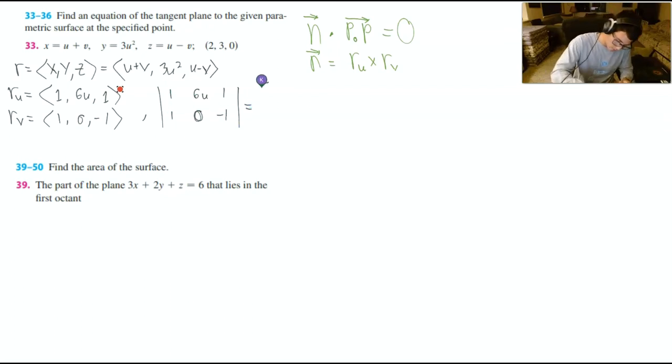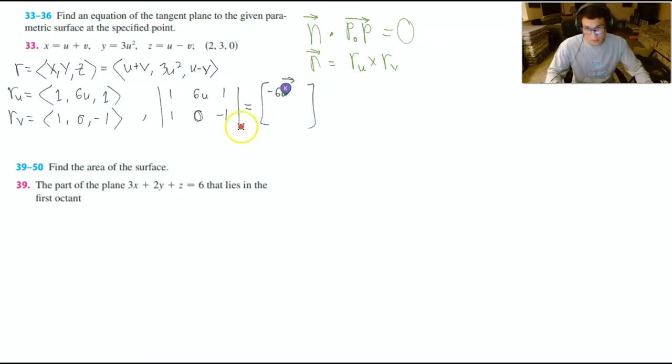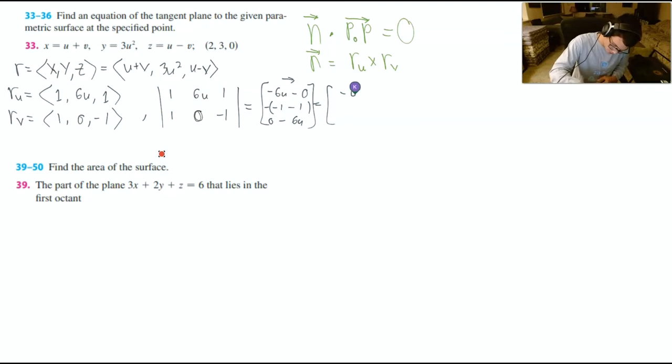Let's write it as a column vector because it's easier this way. 6u times negative 1 is negative 6u. 1 times 0 is 0, so let's write minus 0 here. 1 times negative 1 is negative 1. 1 times 1 is 1. And then we got 1 times 0, which is 0, and 6u times 1. We'll clean it up a little bit. We'll see that's negative 6u, and it's going to be 2 and negative 6u.